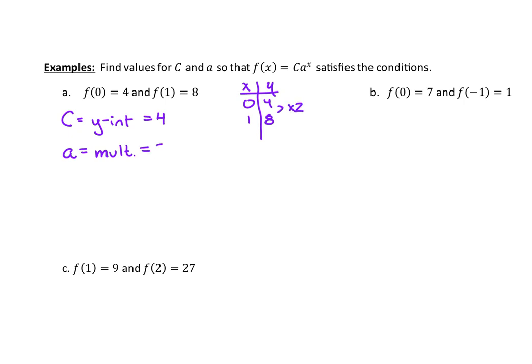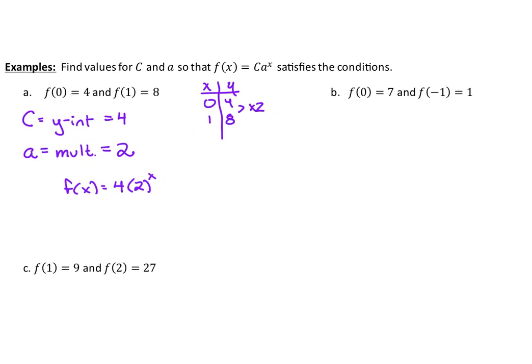And so that is going to be our multiplier. So what we have here is f of x is equal to 4 times 2 to the x.